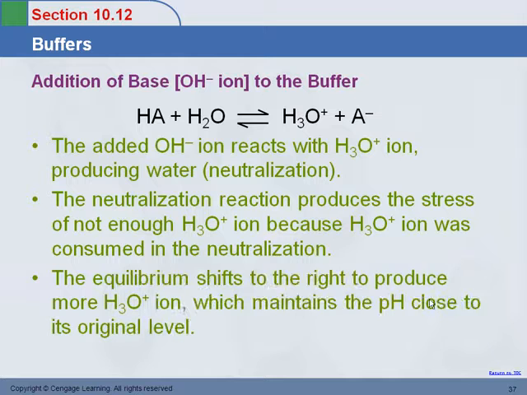So my equilibrium in this case will shift to the right to produce more hydronium ion, which will then raise my pH up again to keep it close to its original level. So even though I've added base, it's been turned into water, and then in addition, the equilibrium system of my buffer has shifted around to compensate for that change in concentration and has produced a little bit more acid to offset that base as well.